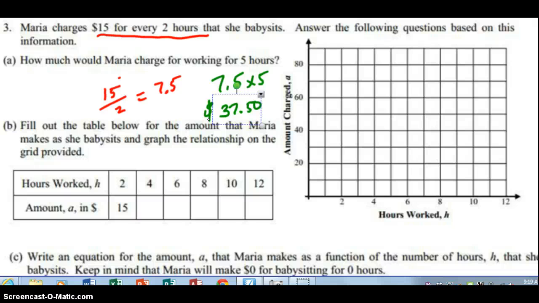Question number B. Here we go. Fill out the tables below for the amount that Maria makes as she babysits and graph the relationship on the grid provided. So let's do this here. After 2 hours, she makes 15. After 4 hours, what's she going to make? 30. After 6 hours, 45.